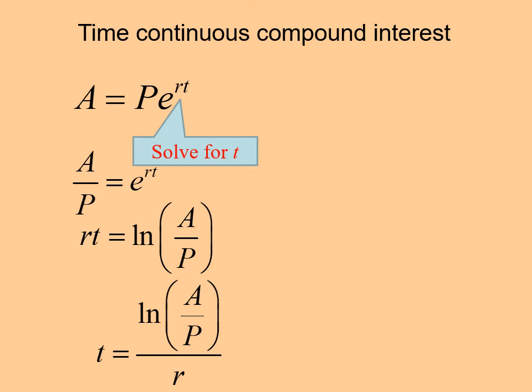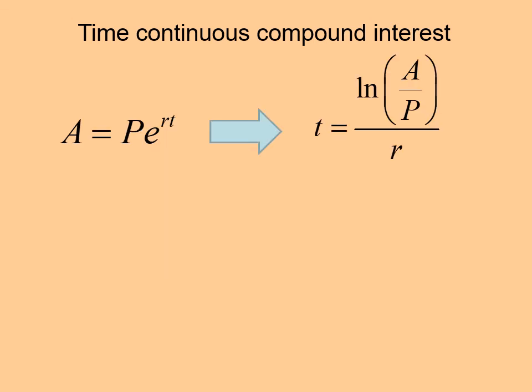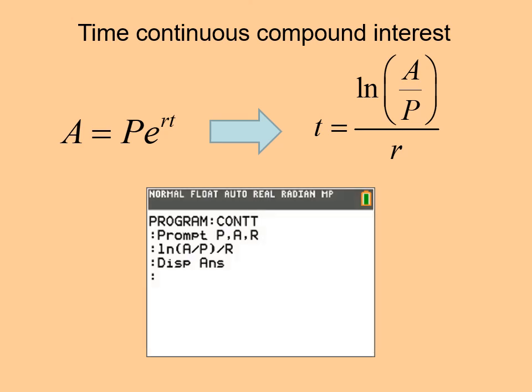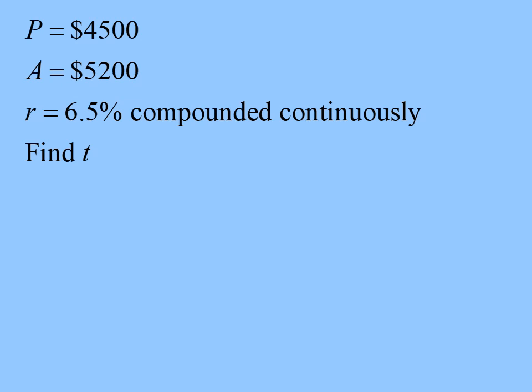So we can program that into our calculator. And I've called that CONT for continuous compound interest, followed by the letter we're solving for, which is the T. And here's our example using that program.